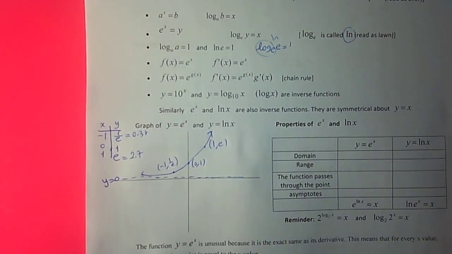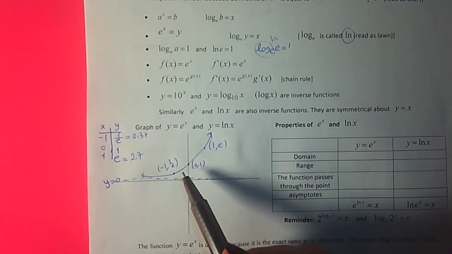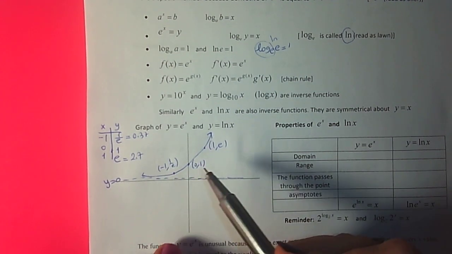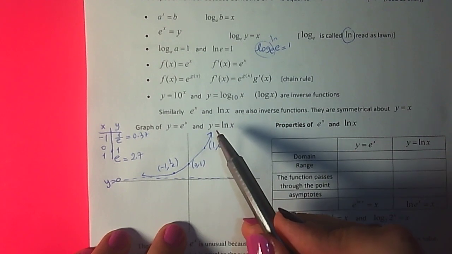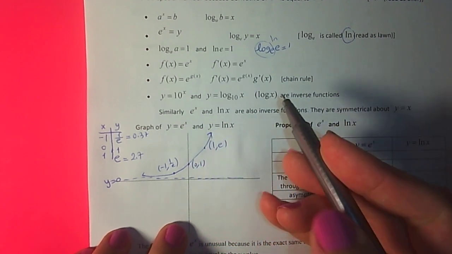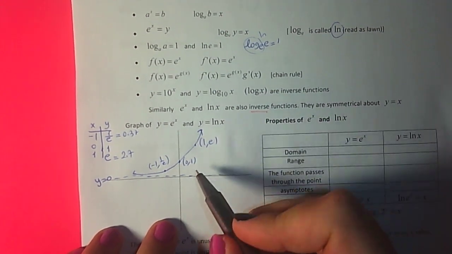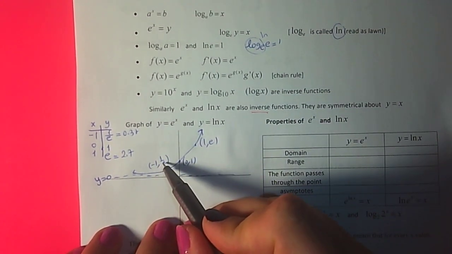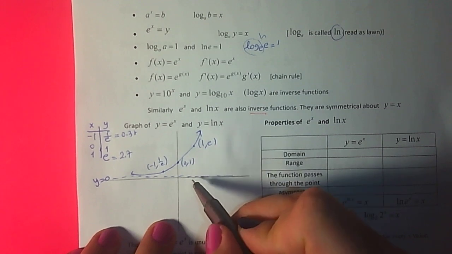When you're graphing an inverse function, you just interchange the coordinates. We're going to do the same thing for ln x, because we know that e to the power of x and ln x are inverse functions. Let's do that. So negative 1 and 1 over e becomes 1 over e and negative 1.